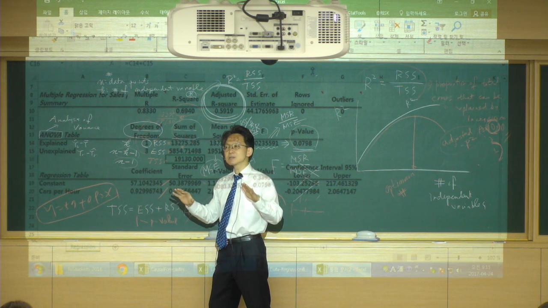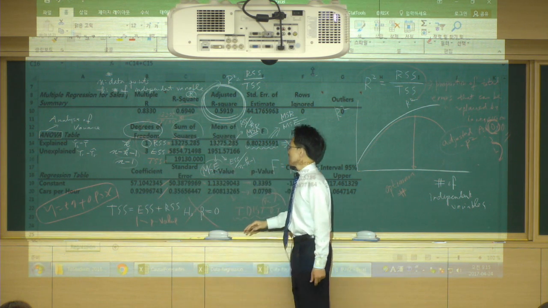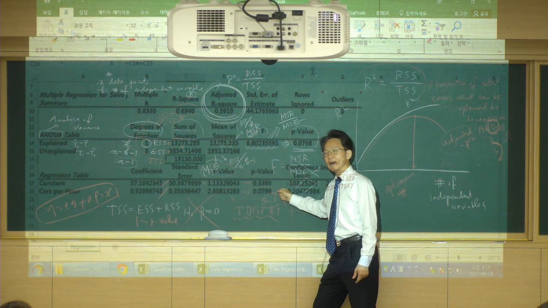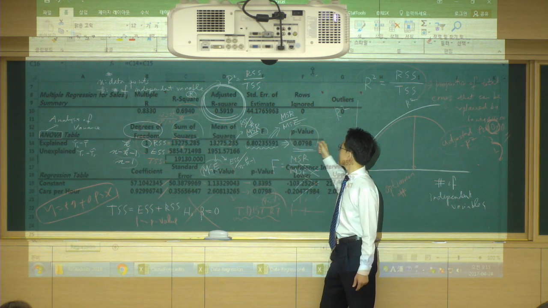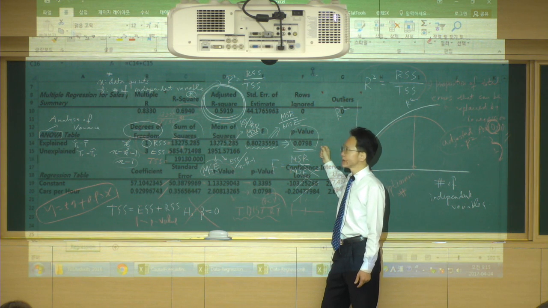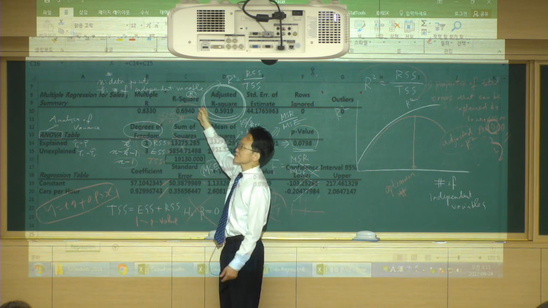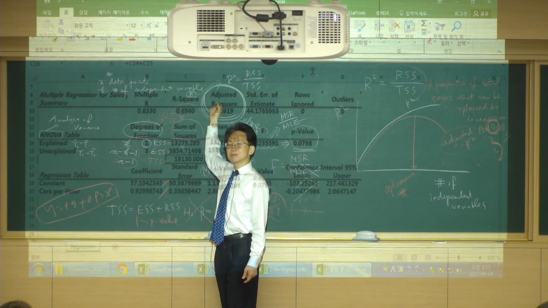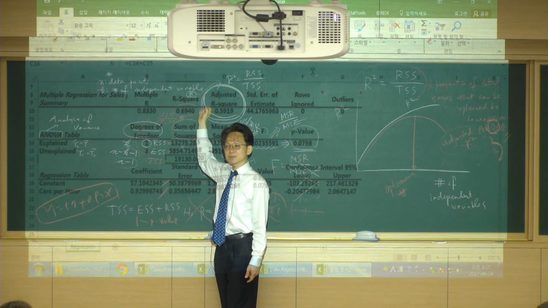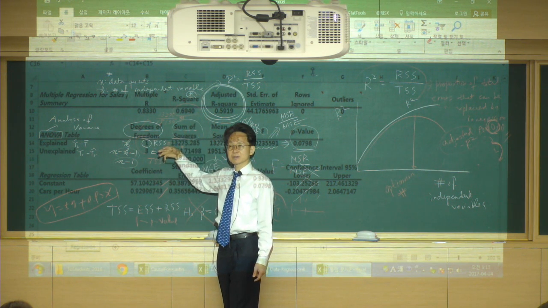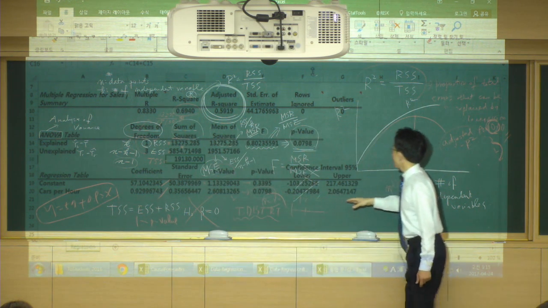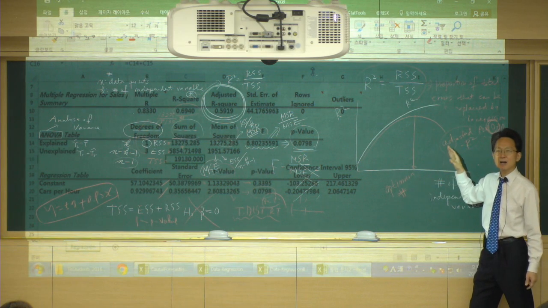What is important is, what does it mean for us to have this p-value? What does it mean to have this R squared? What does it mean to have this adjusted R squared? Why are we interested in this adjusted R squared, and so on? And then, how can I make a prediction?